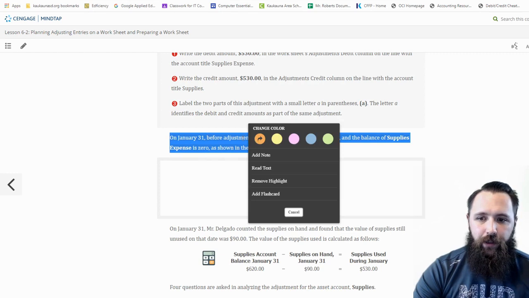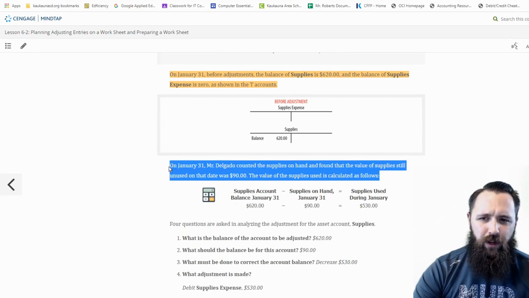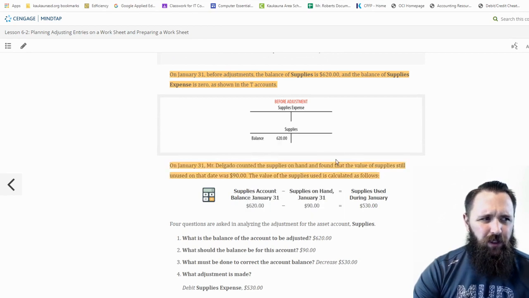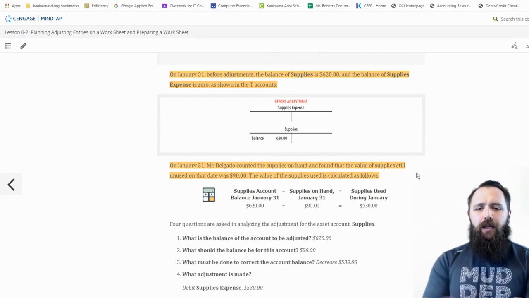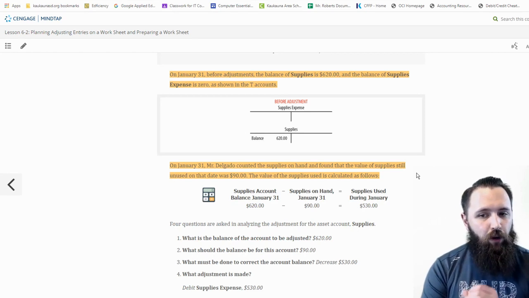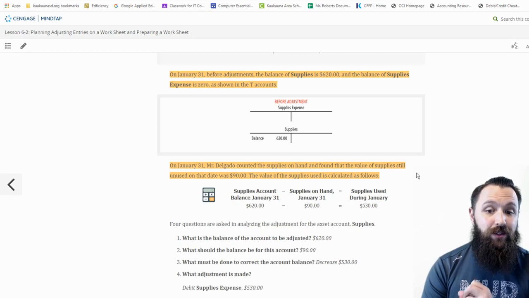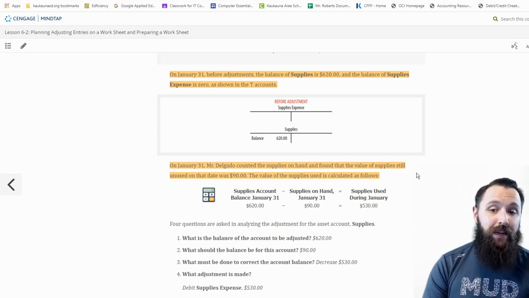Let me unhighlight that. All right, this is more what the transaction is, what the adjustment is going to look like. It says on January 31st, so the end of the fiscal period, Mr. Delgado counted the supplies on hand and found that the value of supplies still unused on the date was $90.